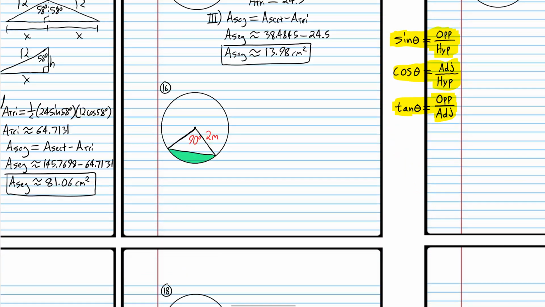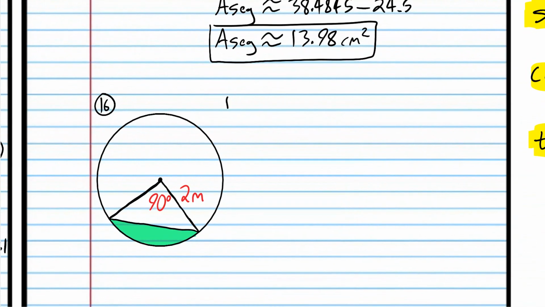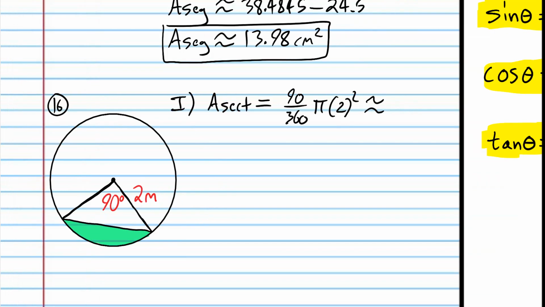All right, we're back. Step 1, area of the sector as usual. So that is 90 over 360 times pi r squared. So 90 divided by 360 equals, times pi equals, times 4 equals, because 2 squared is 4.